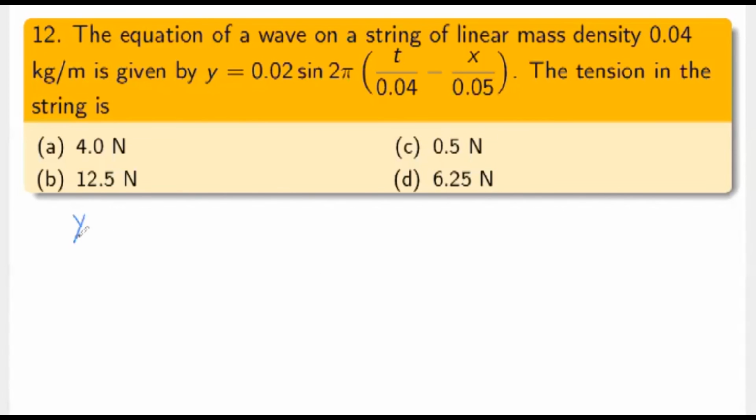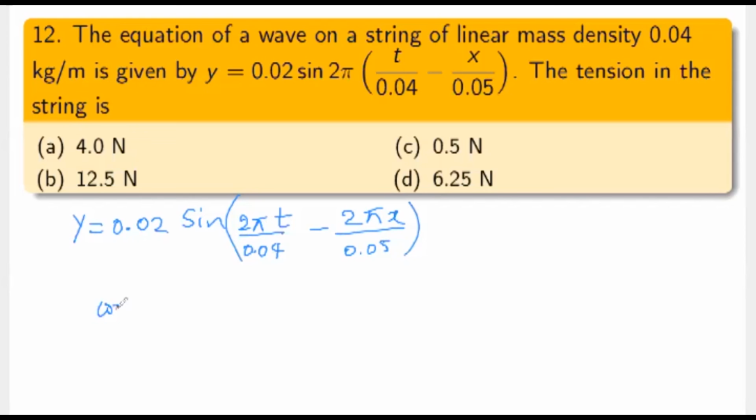So the displacement equation is 0.02 sine of (2 pi t divided by 0.04 minus 2 pi x divided by 0.05). By comparing this with the standard equation, omega is 2 pi by 0.04 and the value of k is 2 pi by 0.05. And the question is about the tension in the string.